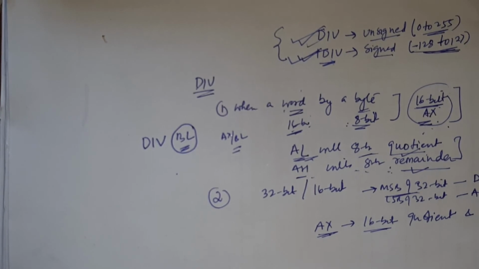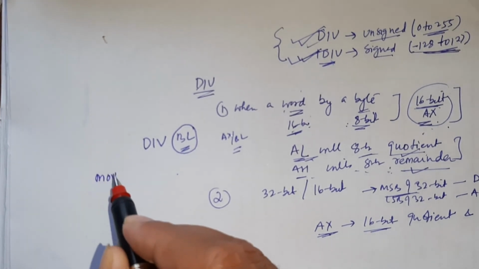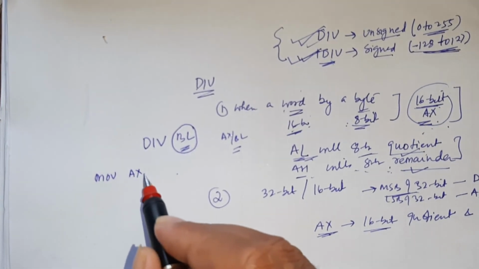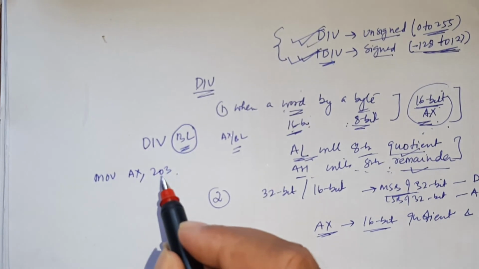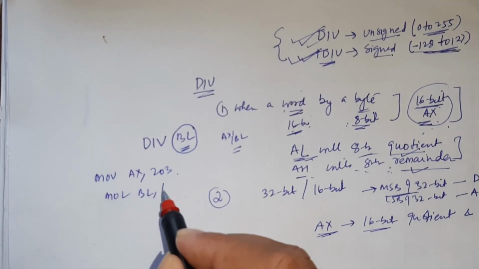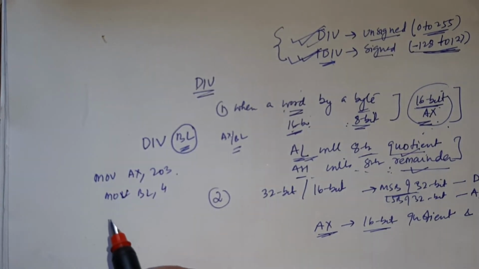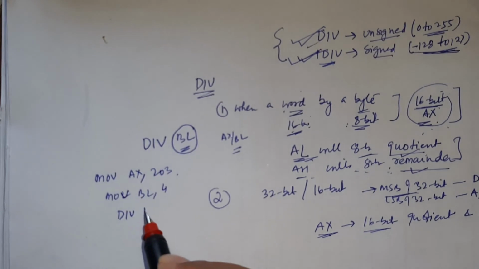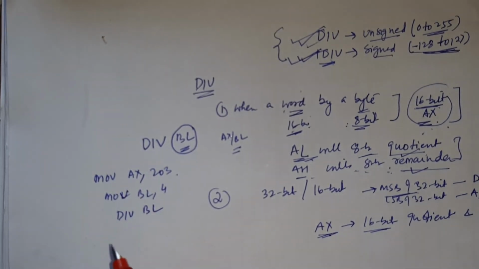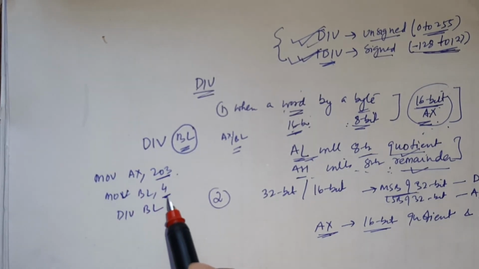Let's take a second example. Suppose MOV AX, 203 and MOV BL, 4, and then DIV BL. In this case, what happens? 203 will be divided by 4.